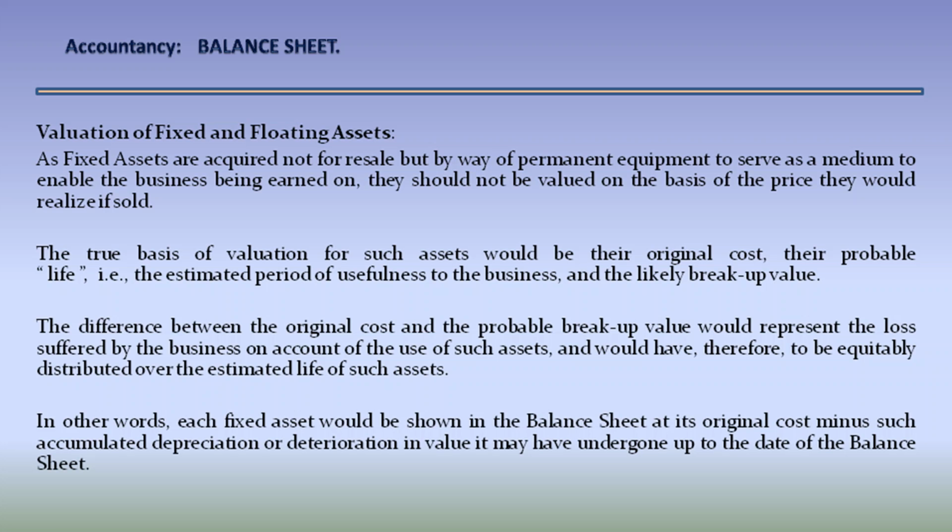The difference between the original cost and the probable breakup value would represent the loss suffered by the business on account of the use of such assets and would therefore have to be equitably distributed over the estimated life of such assets. In other words, each fixed asset would be shown in the balance sheet at its original cost minus such accumulated depreciation or deterioration in value it may have undergone up to the date of the balance sheet.